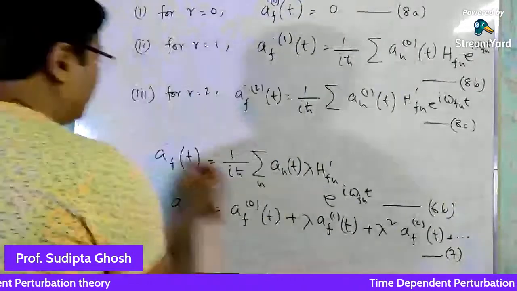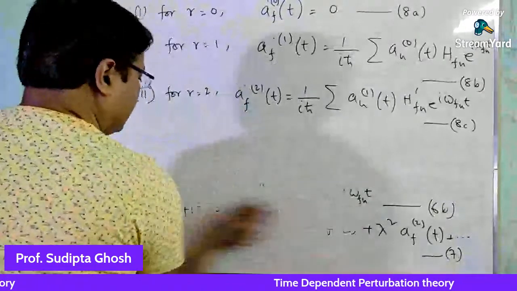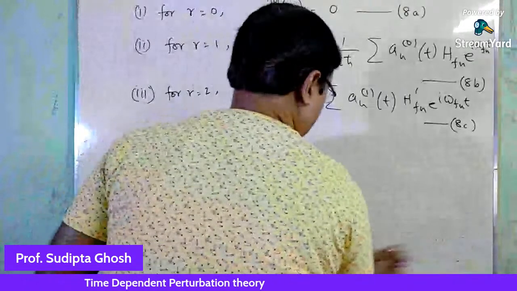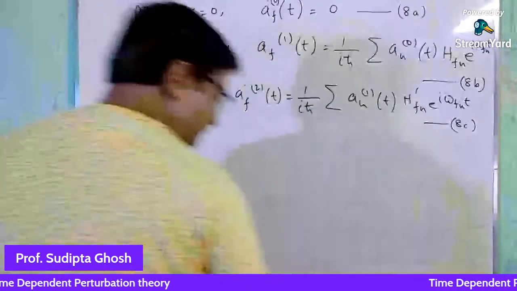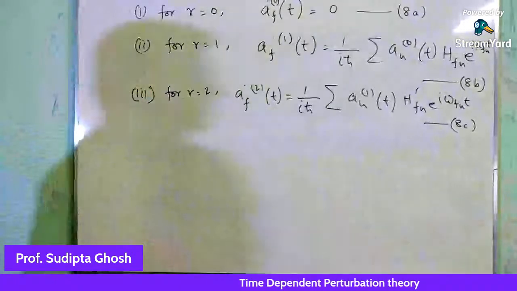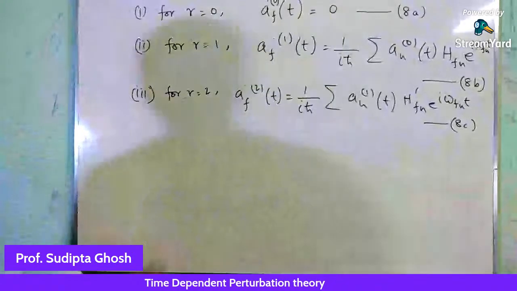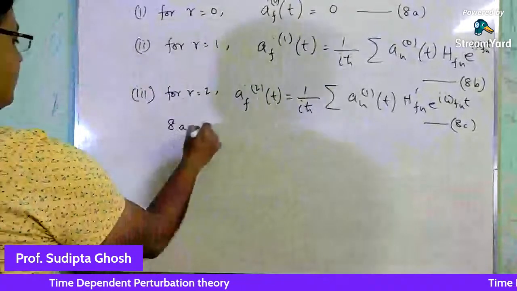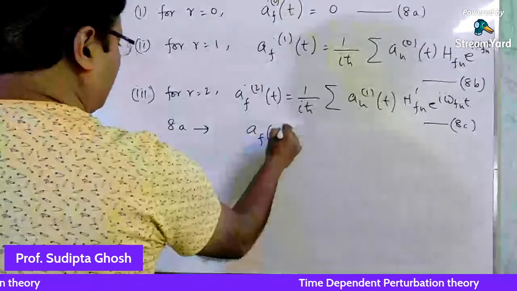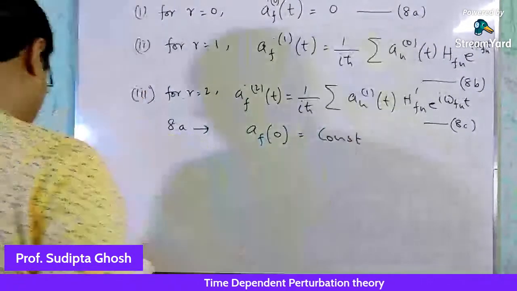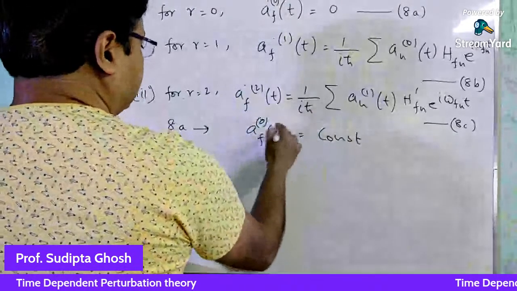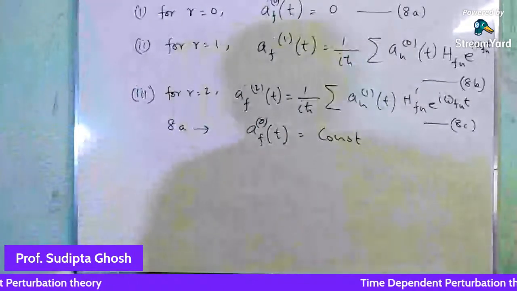So from equation 8a, we conclude that a_f0, which is a function of time, is actually a constant, because a_f dot 0(t) equals 0.